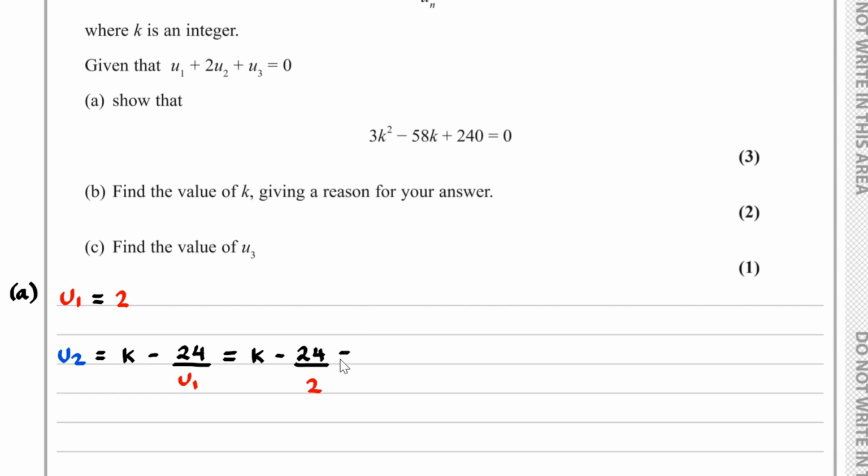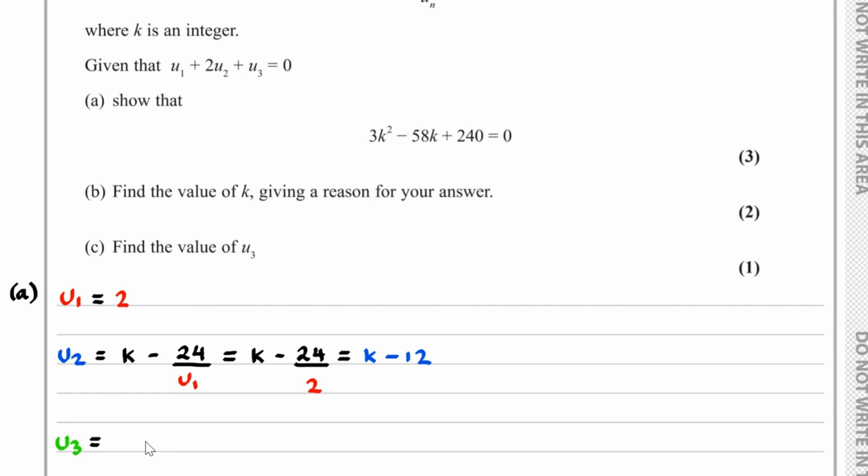Indeed, you can see U2 is equal to k minus 12. And knowing that U2 is equal to k minus 12, we can now find out what U3 is.